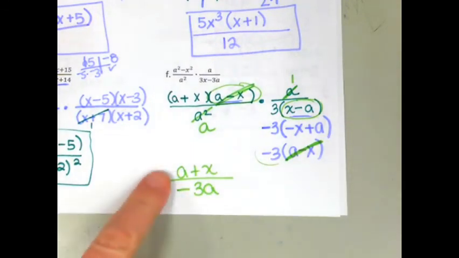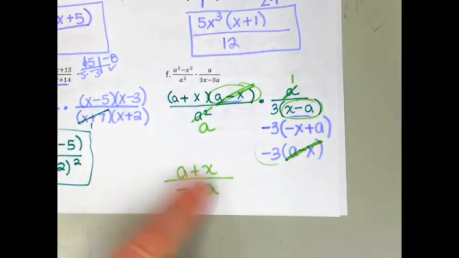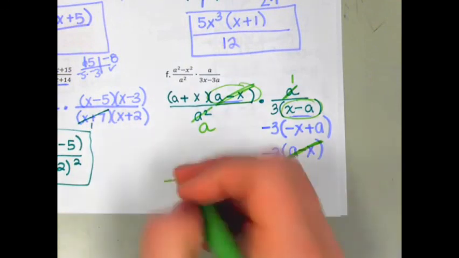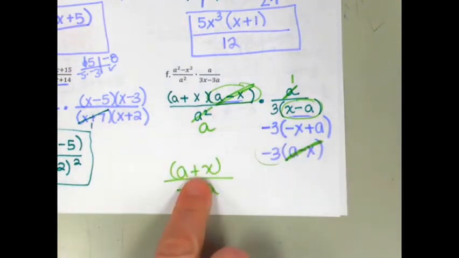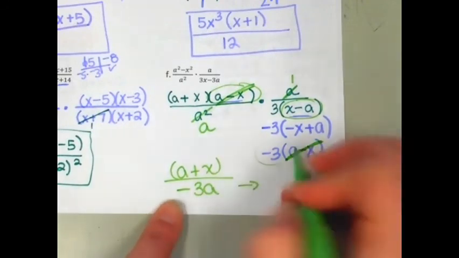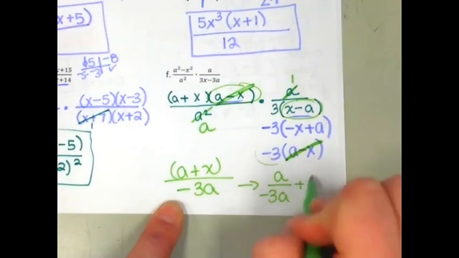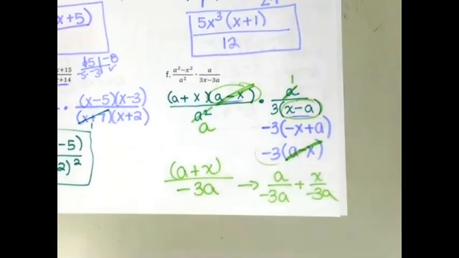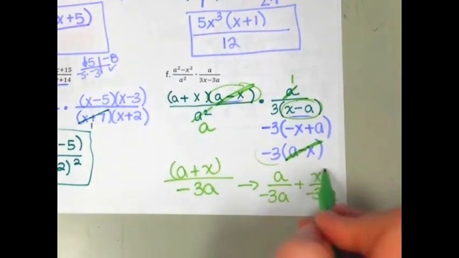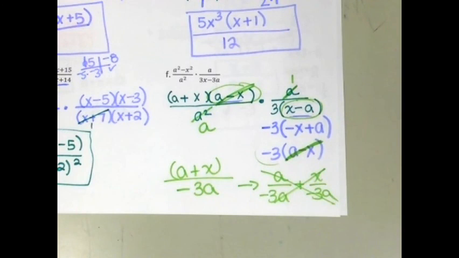Why can't I simplify these A's? They're not the same because that's A plus X. That's grouped together. Remember, this is the same thing back in the day when we talked about A over -3A plus X over -3A, remember? So you can't simplify them together. You could if we did them individually, but we're not worrying about that right now, okay?